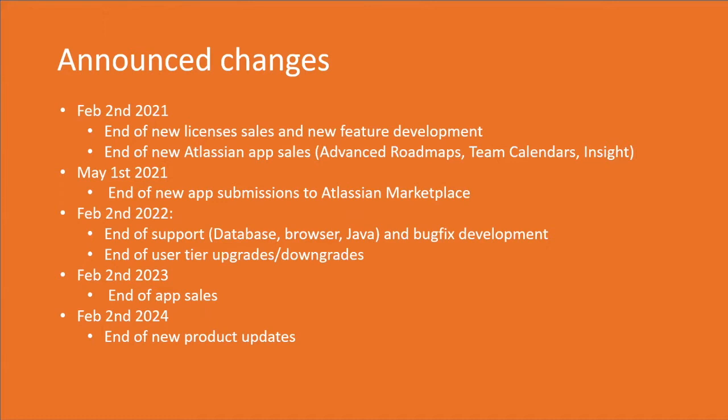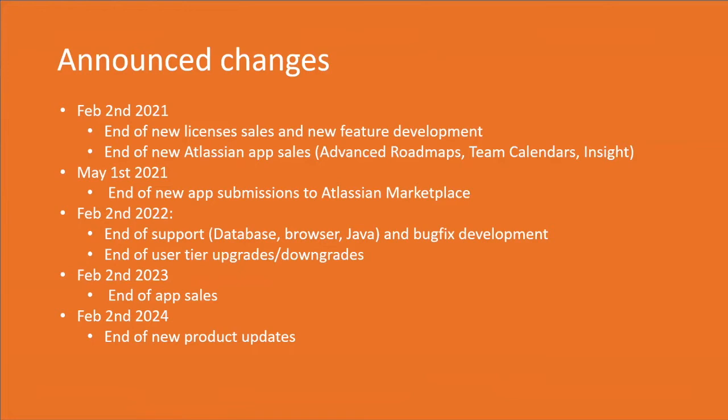Well, first of all, Fisheye and Crucible have been in basic maintenance mode for quite some time. And Bamboo is announced to be deployable in data center, but Atlassian haven't really mentioned the date. When is that going to happen?